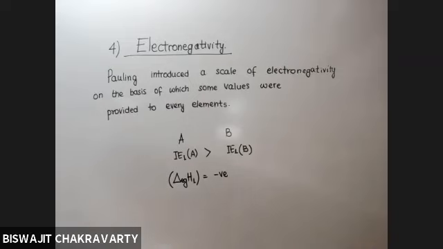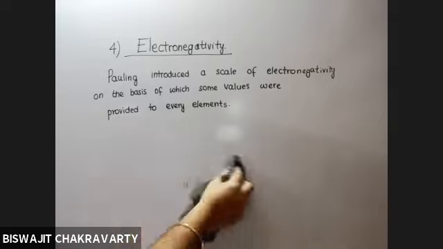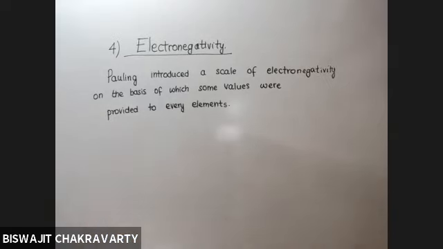So combination of ionization energy and electron gain enthalpies can be used to find out relatively the electronegativity of an atom. I'm not going into the details of how Pauling calculated, but just for the sake of understanding, on the basis of ionization enthalpy and electron gain enthalpy, which are established values for individual atoms, more or less we can make out.